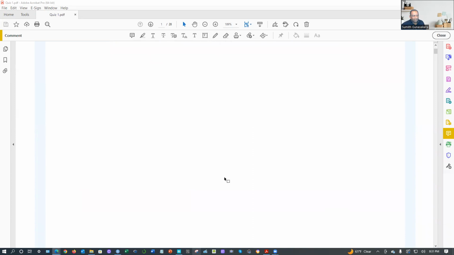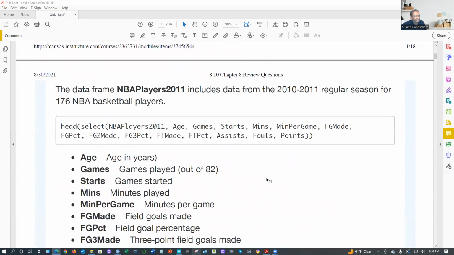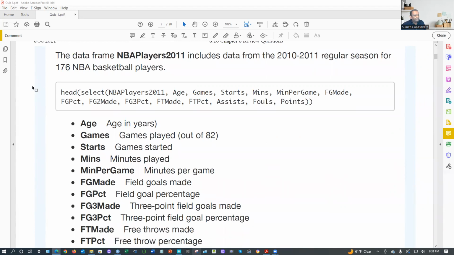We can go through this one. Look at this one. The data from the NBA player 2011 includes data from the 2010-11 regular season for the 116 NBA basketball players. Some of the variables being selected, and there are 6 entries being displayed.